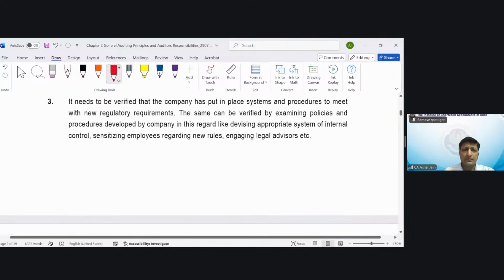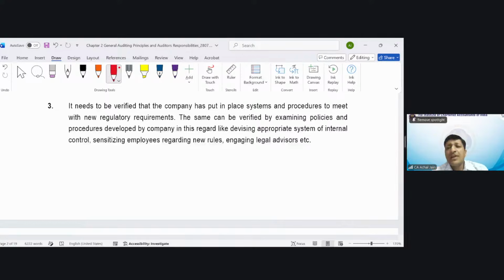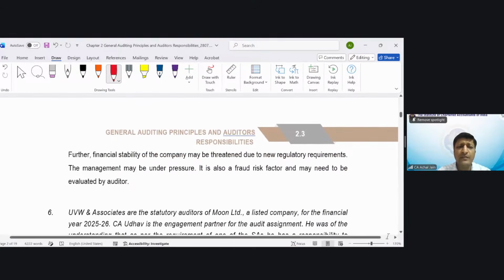Now, it needs to be verified that the company has put in place systems and procedures to meet these new regulatory requirements. The same can be verified by examining policies and procedures developed by the company in this regard, like devising an appropriate system of internal control, sensitizing the employees regarding new rules, engaging legal advisors, etc. So all of these things definitely need to be done.